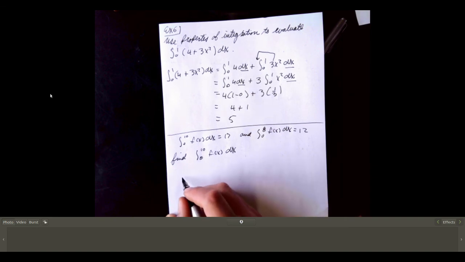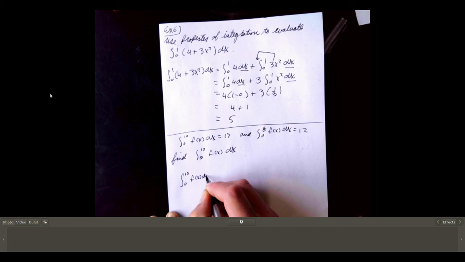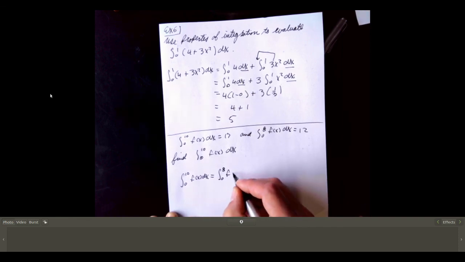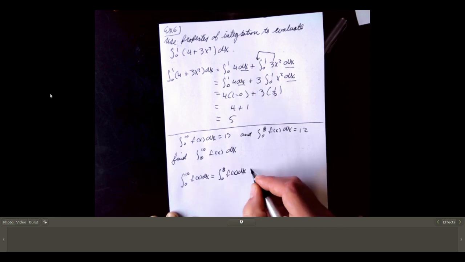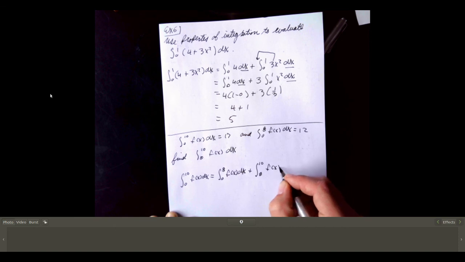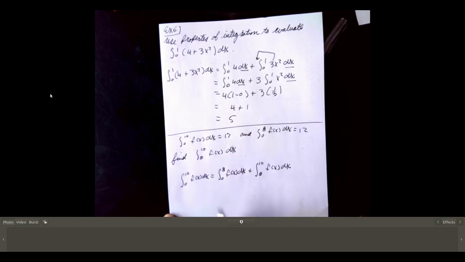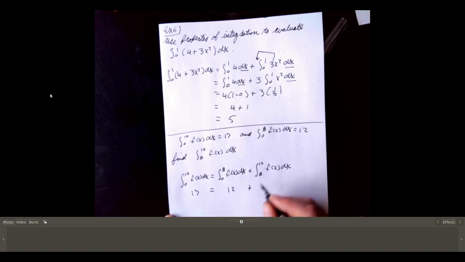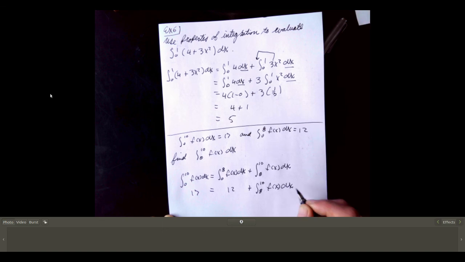Well, the integral from 0 to 10 of f of x dx is equal to the integral from 0 to 8 of f of x dx plus the integral from 8 to 10 of f of x dx. We know the value of this integral, it's 17, is equal to the value of this integral, 12, plus the value of this integral, the integral from 8 to 10 of f of x dx.